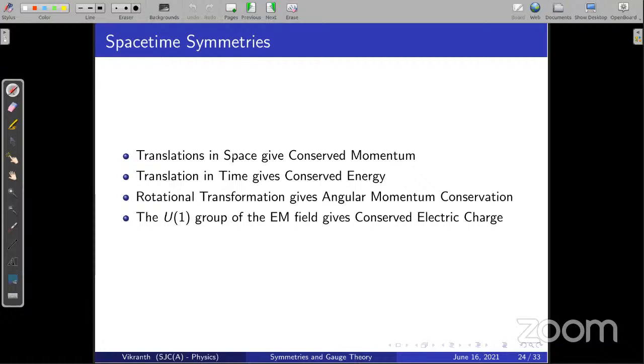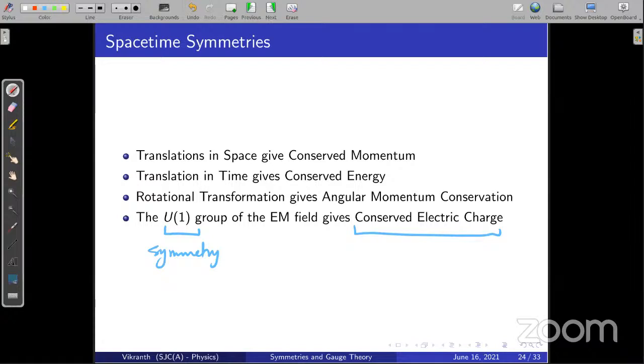Now, of course, there's a lot going on behind this, but what I want you to take away is that because of this U(1) symmetry, electric charge is conserved. U(1) is a symmetry group, like we discussed from the very beginning, continuous groups, and the rotational group was a continuous group. And again, a complex rotation is the unitary group, and therefore there is a rotational symmetry with the unitary group U(1).